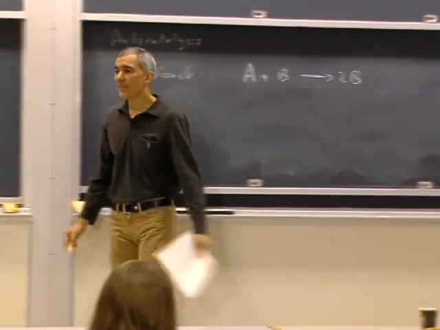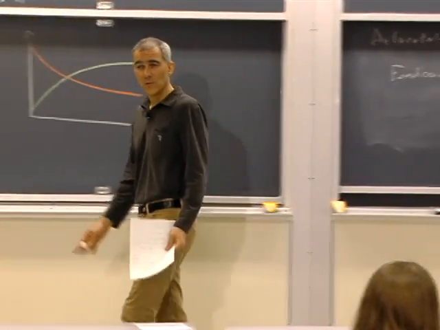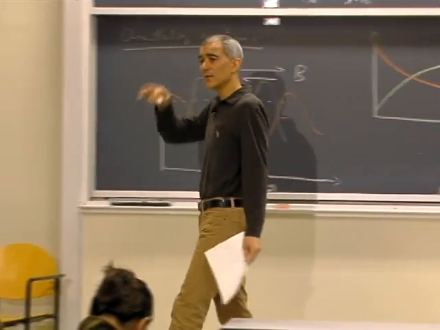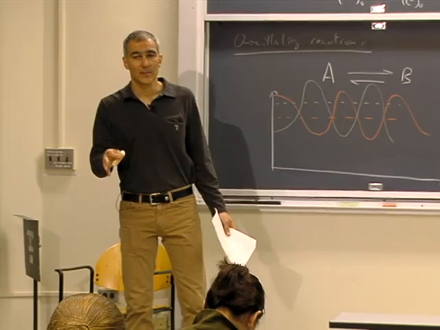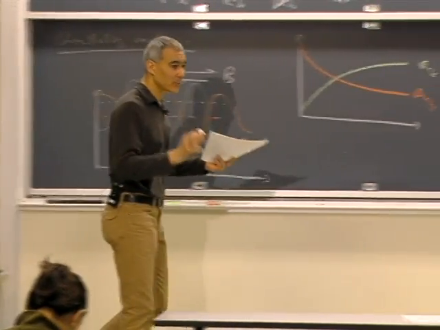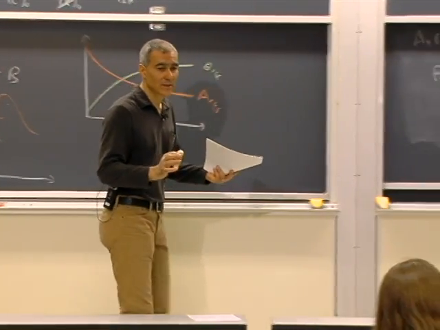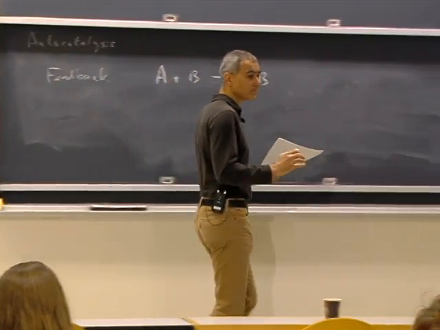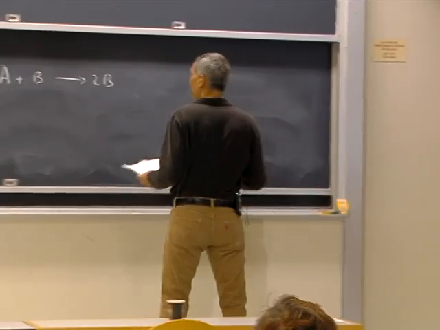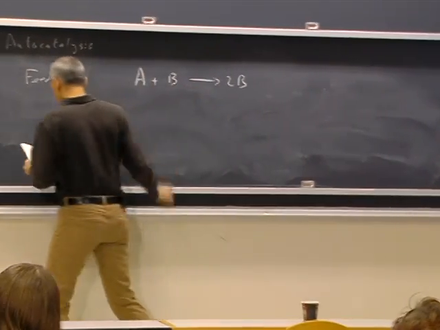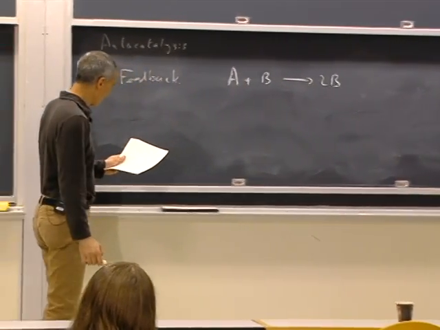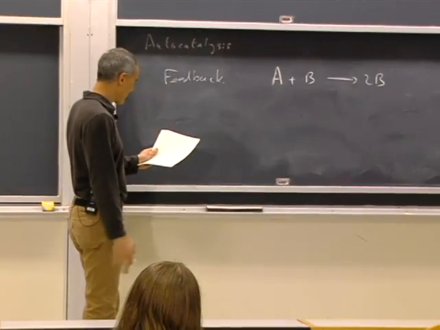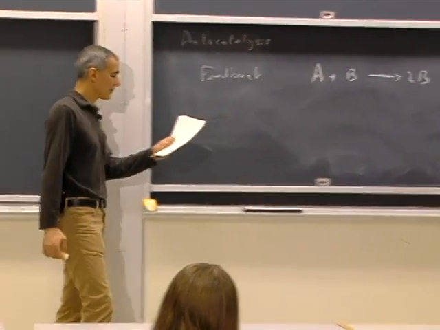It's not the same as the chain reaction, where we talked about an intermediate being recycled and building up. Okay? This is an actual reactant and an actual product that's part of this step here. Okay? So this is an autocatalytic step. And let's just see what that step looks like.